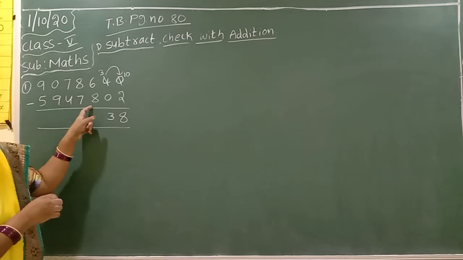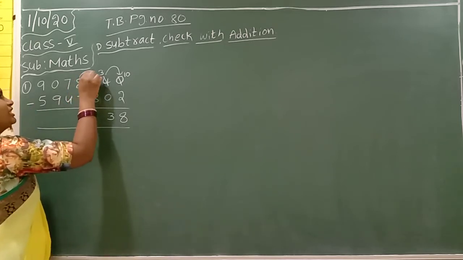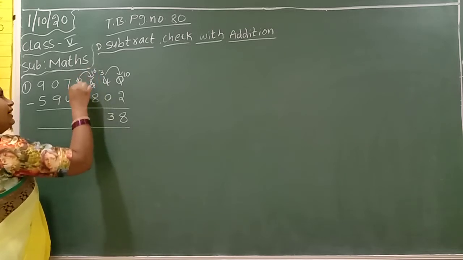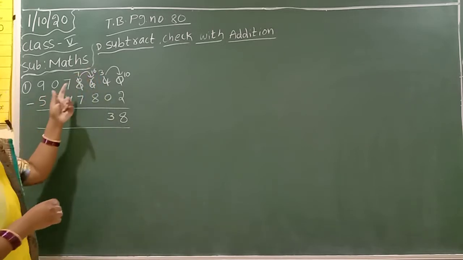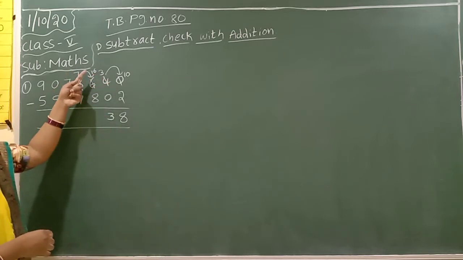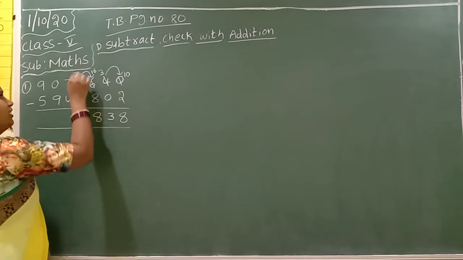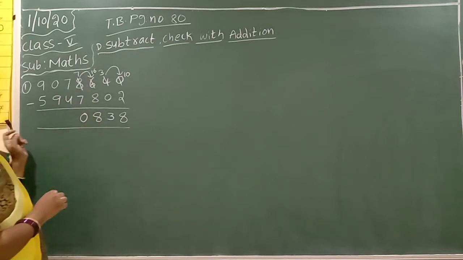6 minus 8, is it possible? No, again take a borrow from the next place. Borrow taking means this 6 becomes 16. 8 becomes 7. Why? Because here too we are giving one number. So 16 minus 8, 8 only. 7 minus 7, 0.